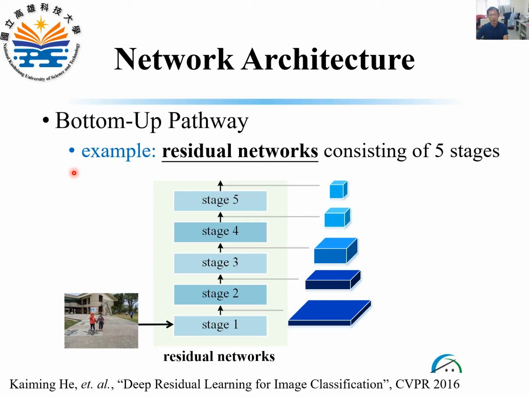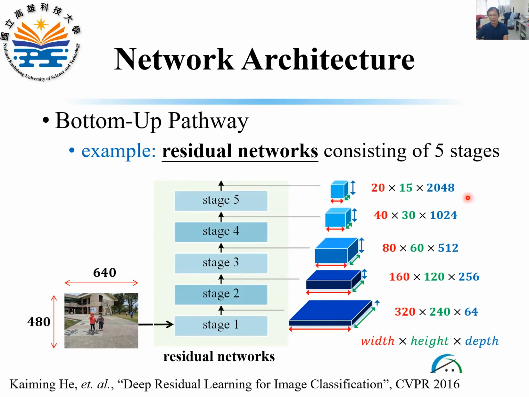The residual networks proposed in CVPR 2016 consist of 5 stages and are widely used as the bottom-up pathway for FPN. For a color image with the size 640 times 480, the residual networks output 5 feature maps in a pyramidal hierarchy with a scaling factor of 2.